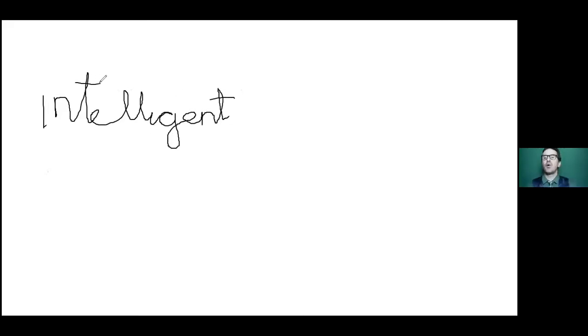Why do you say more intelligent? Because it's 4 syllables. Syllable. The word you are looking for in Bahasa Inggris, syllable. So if it has 3 or 4, you say more intelligent.